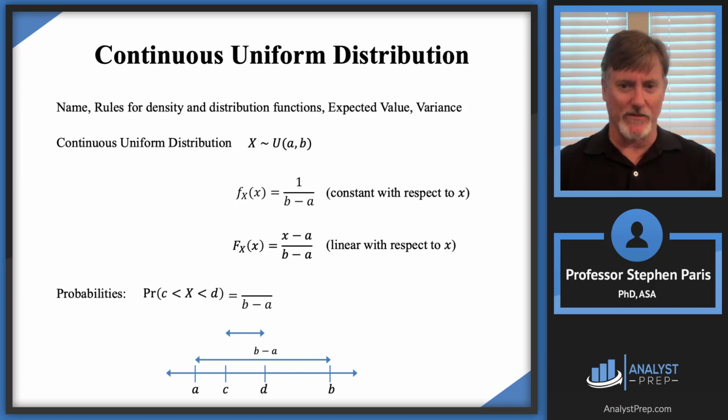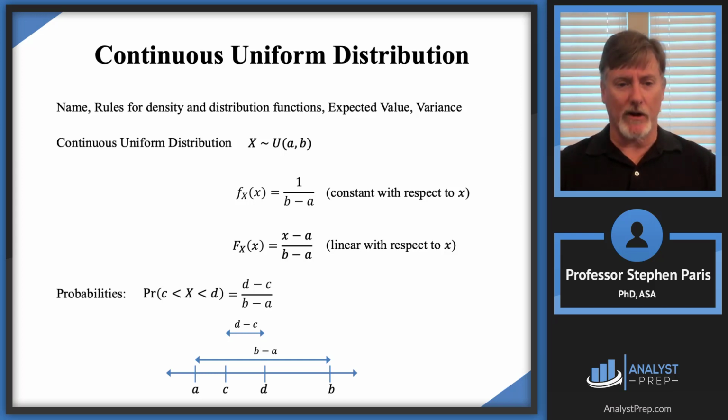It doesn't make sense if you don't assume that c is less than d and they're both between a and b. The event defines an interval from c to d, and the length of that interval is d minus c. So that's what goes in the numerator.